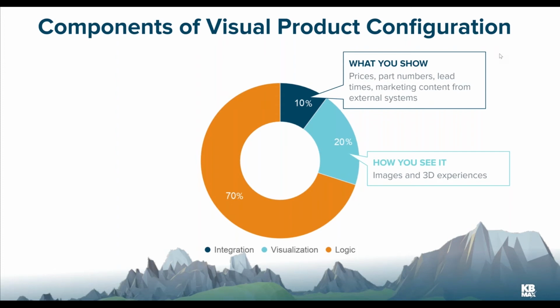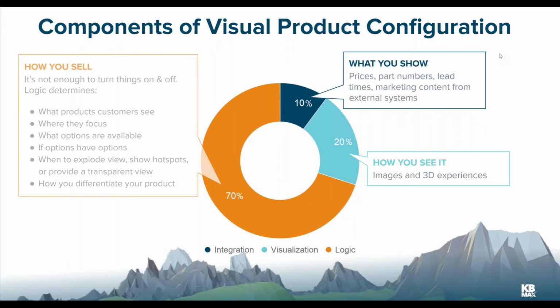The dirty little secret is that probably about 20% of the effort and the value is in actually creating an image or a 3D scene that you put that product in. The real value and the real opportunity for customers and for companies like yours is in that intelligence that you put into the system.